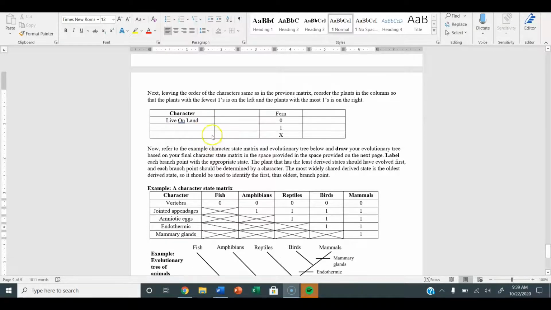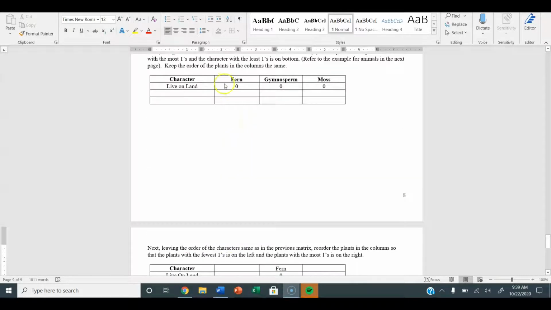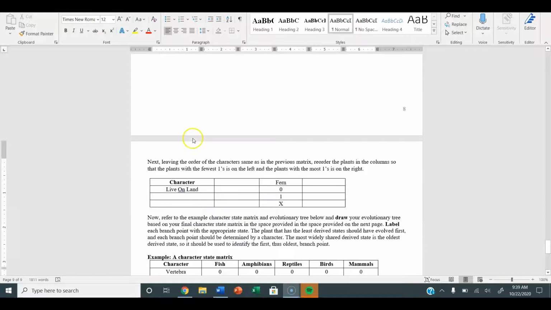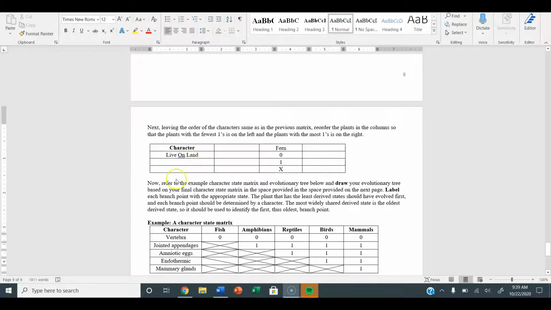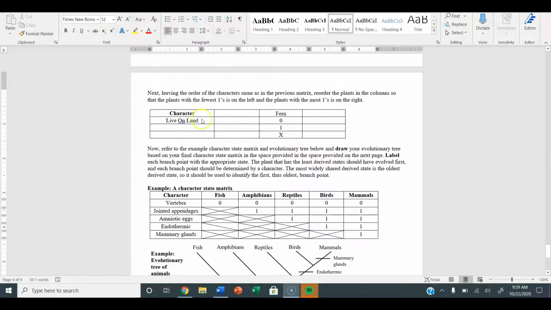Now we're going to leave those characters in the same order. So take these that you put in order, write them here again. So now we want to put our mosses and our ferns and our gymnosperms in order. And what order does that need to go in? Well, you're going to leave the order, and reorder the plants in the columns.